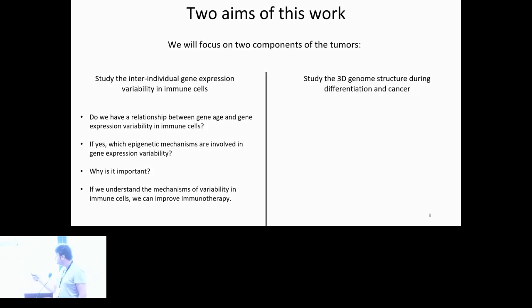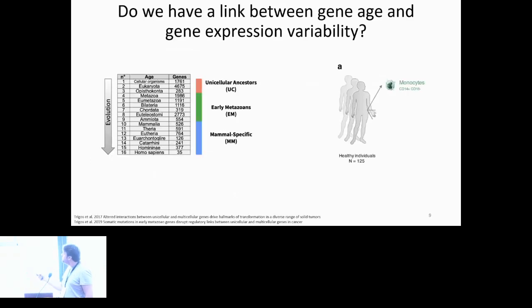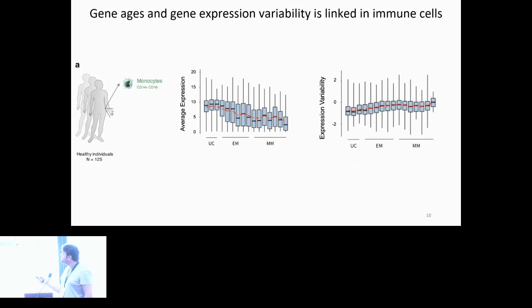I will explain later. So we took the gene age classifications and a public data set from Blueprint with 125 healthy individuals and the monocytes. We observed that the gene expression decreases with the evolution in gene age, and the expression variability increases with the gene age.